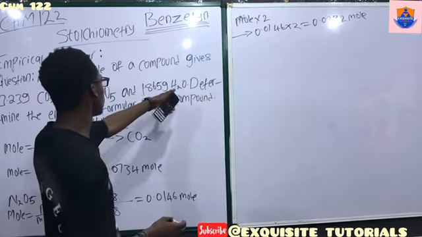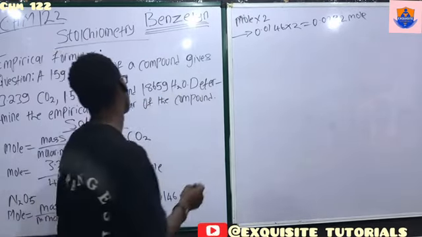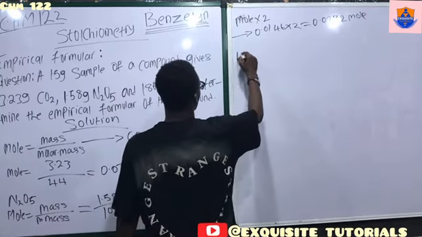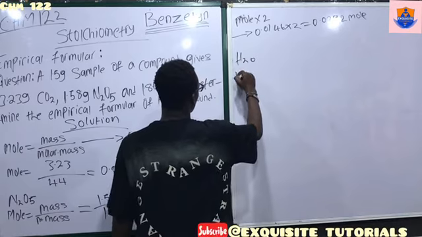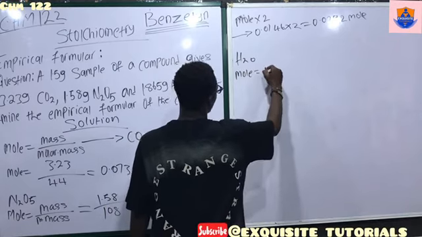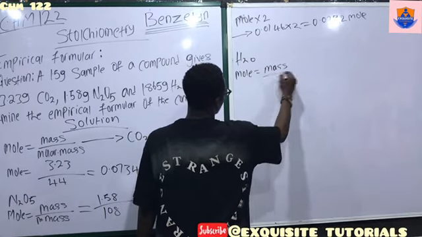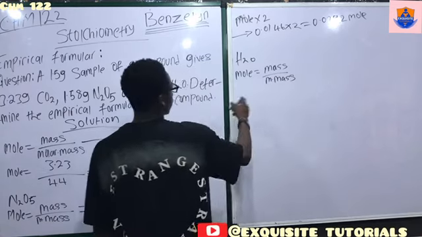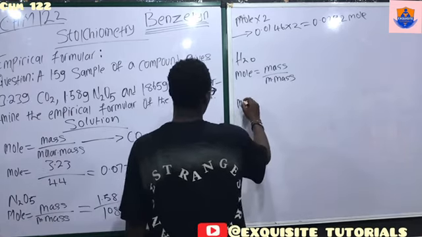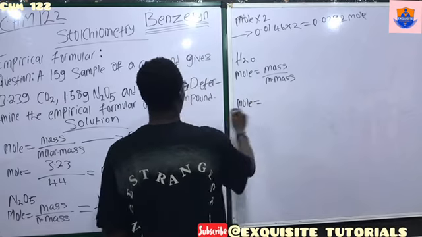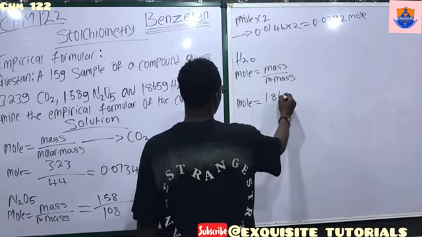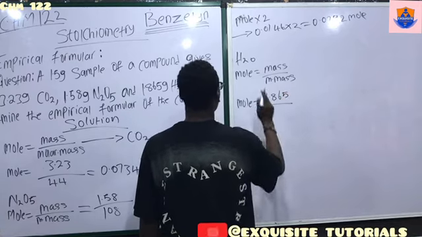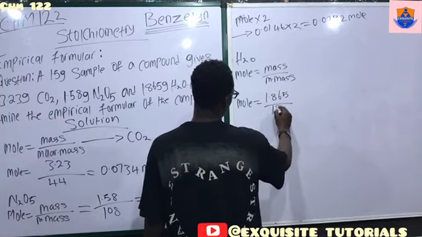Okay, we already have another compound here, water. For H2O, we have mole equal to mass over molar mass. So 1.865 over the molar mass of water, which is 18.